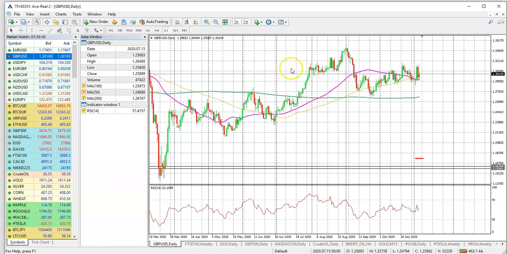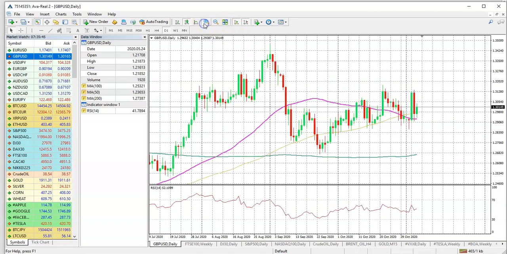Now the fact that the price has crossed above the 50 and the 100-day simple moving average is a very important thing, because this shows that bulls are getting back in the trade, bulls are getting back in power, they're taking control of the price.